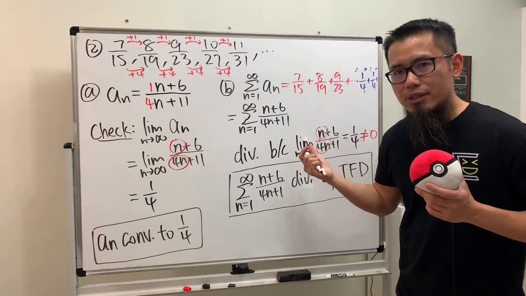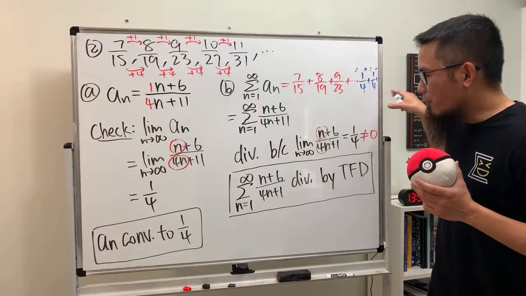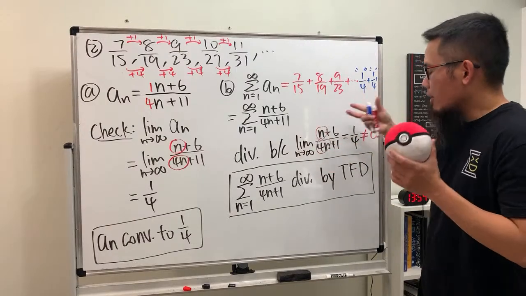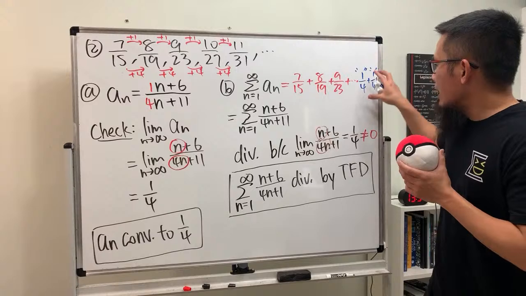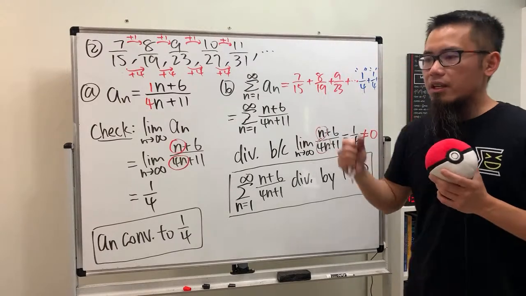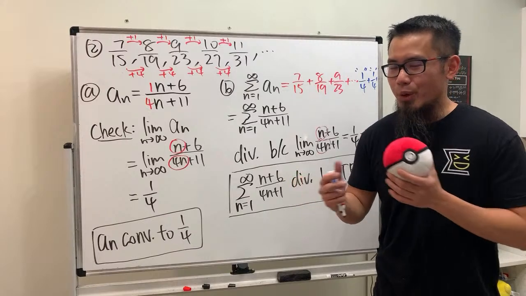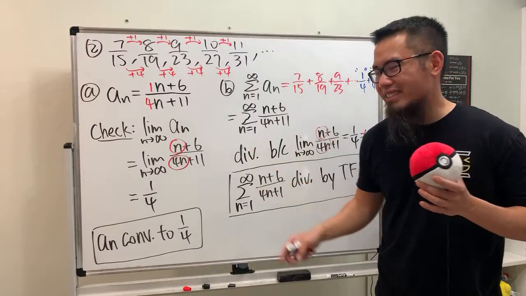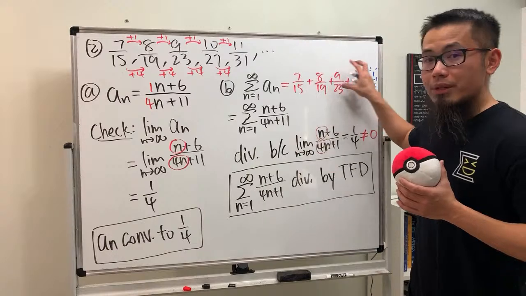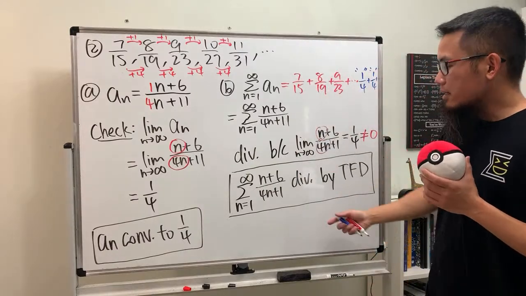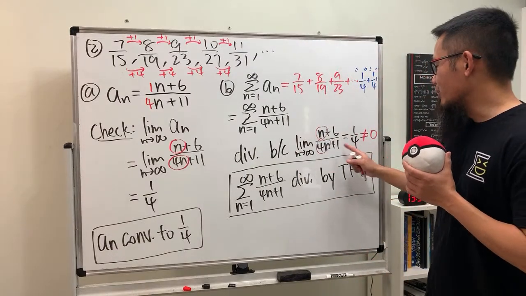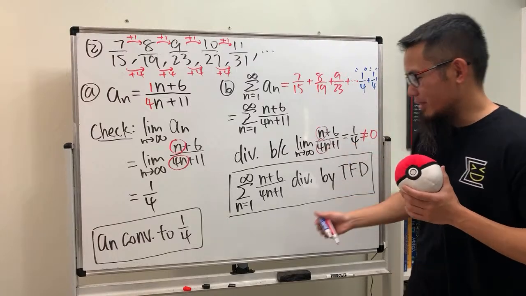Now imagine, if you have to add up 1 over 4, approximately speaking, infinitely many times, what will happen? Well, it will get bigger and bigger, isn't it? Yes. So this right here will actually go to infinity. That's it, right? So when you don't see this being equal to 0, you can be really happy for that.